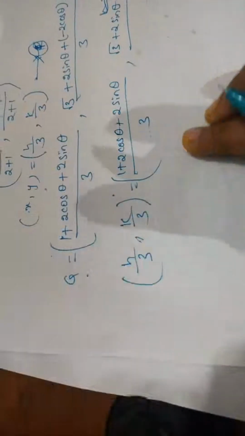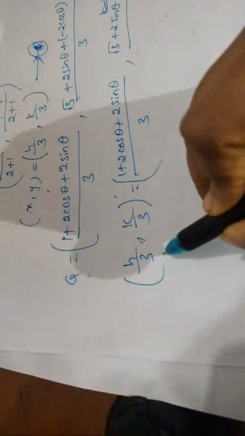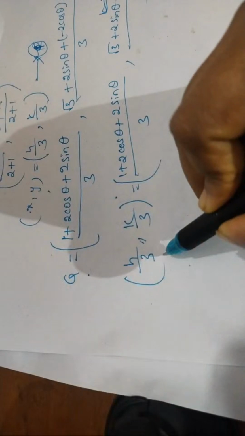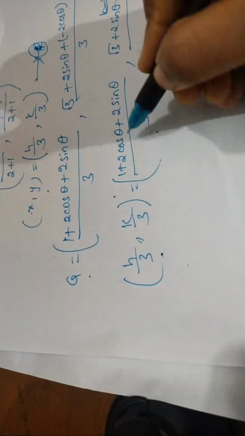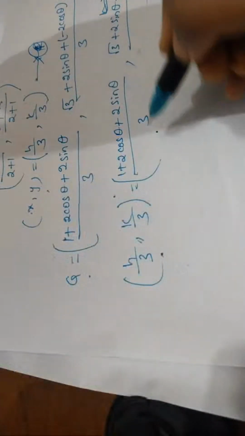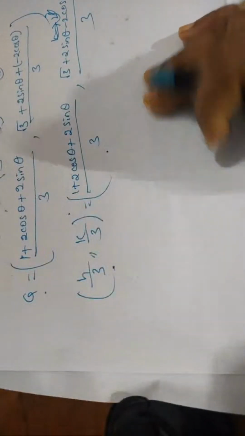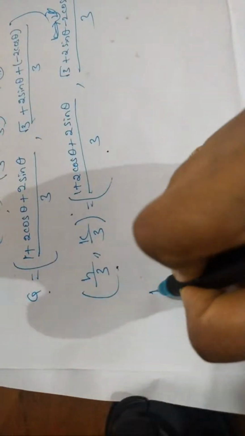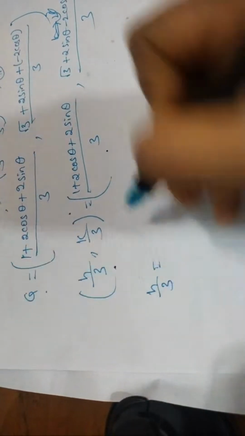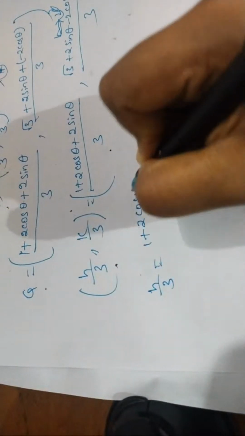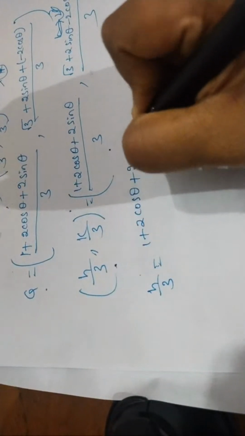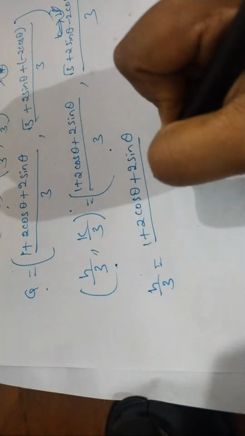Now equate the appropriate points. Here the x coordinate is h/3. Here the x coordinate is (1 + 2 cos theta + 2 sin theta)/3. Now equate x with x, y with y. So h/3 equals (1 + 2 cos theta + 2 sin theta)/3.